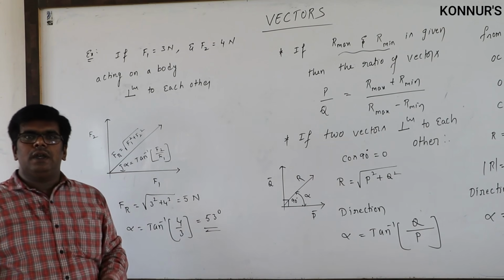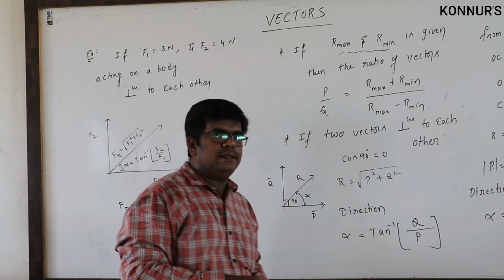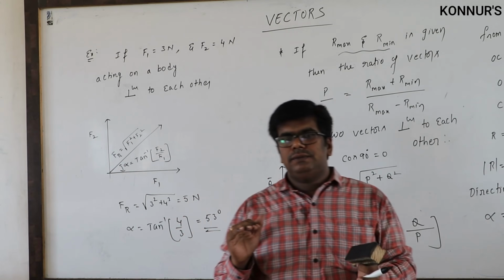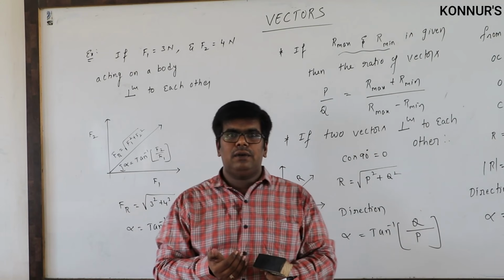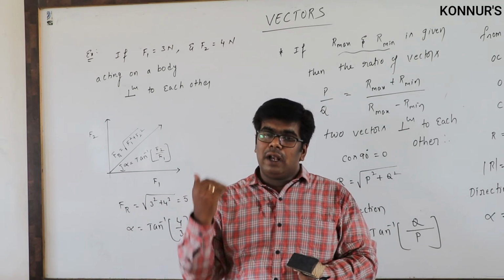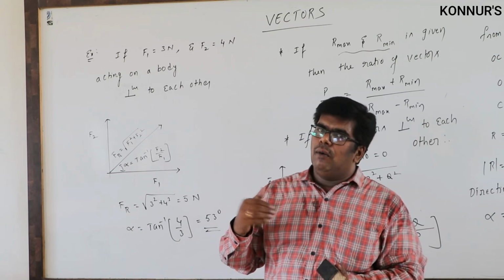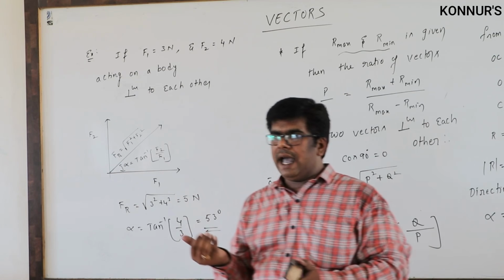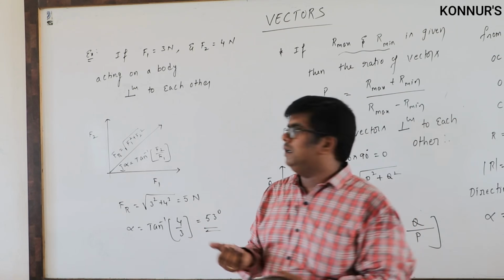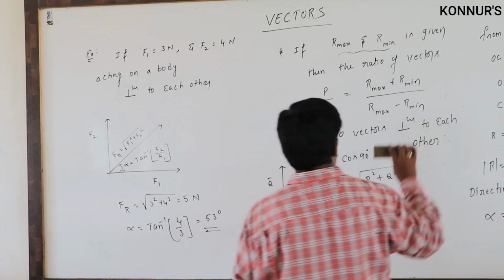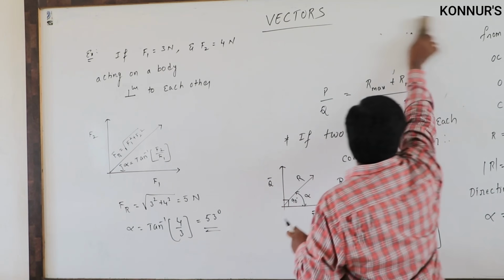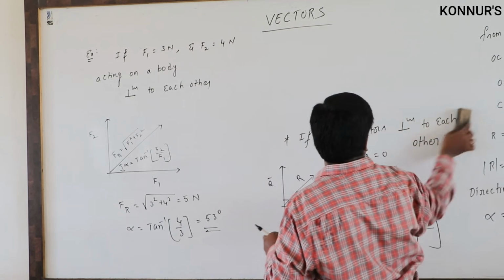Next, one of the important cases: if the resultant is perpendicular to one of the vectors of smaller magnitude, then what will happen? Means what is the angle made by the vectors and the resultant, and what kind of questions are asked like that.